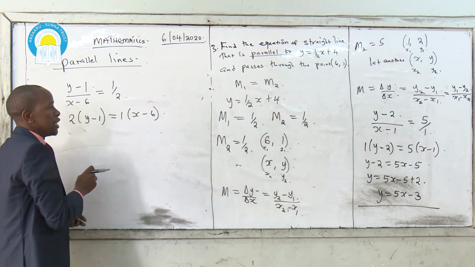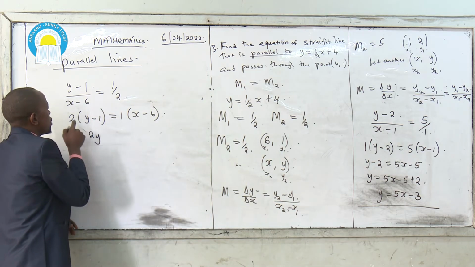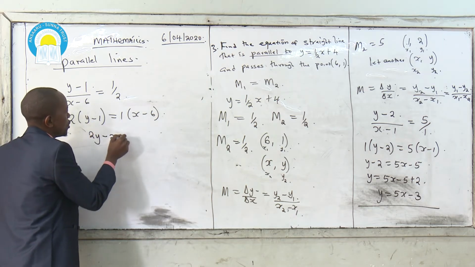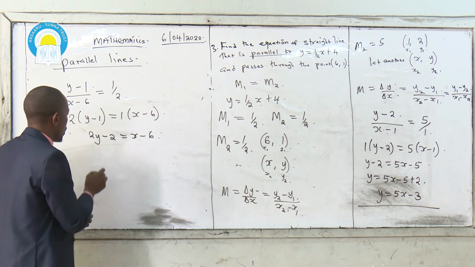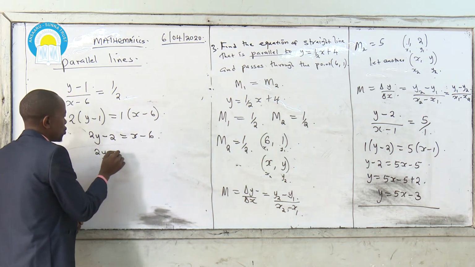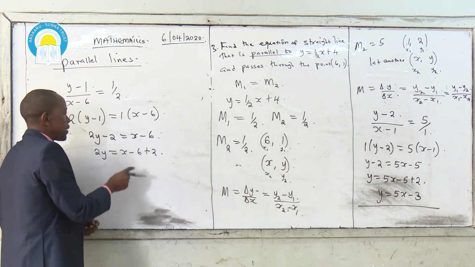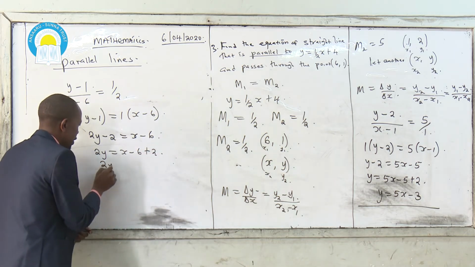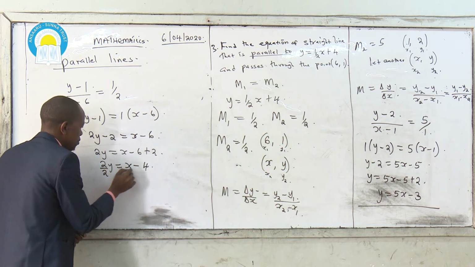The coefficient in the first bracket is 2. So it's 2 times y, which is 2y. 2 times 1 is negative 2, equals x minus 6. Now take this to the other side. We're going to have 2y equals x minus 6 plus 2. Now 2y equals x minus 4. Then let's divide both sides by 2.